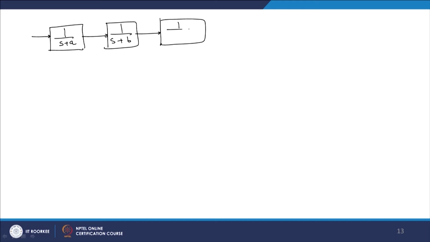So first of all we assign the states to this plant. How do we do it? Let us see. 1 upon s plus a, 1 upon s plus b, 1 upon s plus c, 1 upon s plus d, this is k, this is y of s.